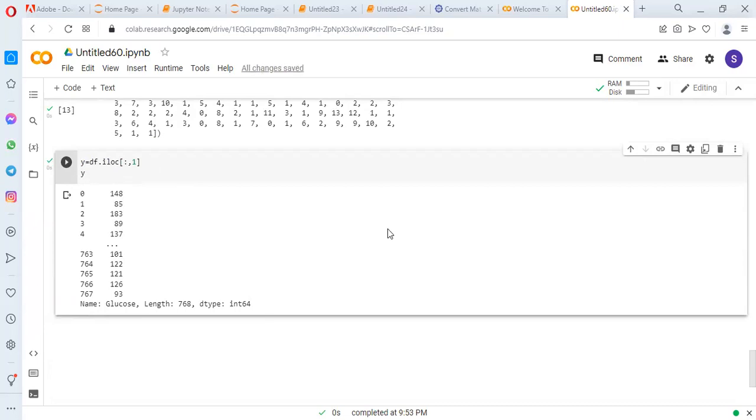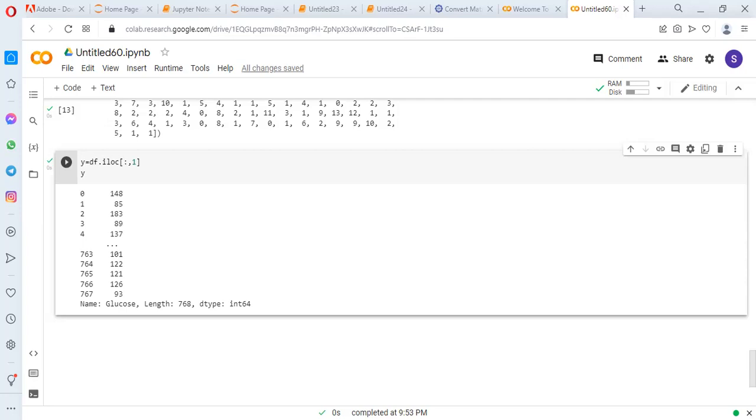So we know that there are two things. One is building the model, another is testing the model. For building the model, we use train, and for evaluating the model, we use test.